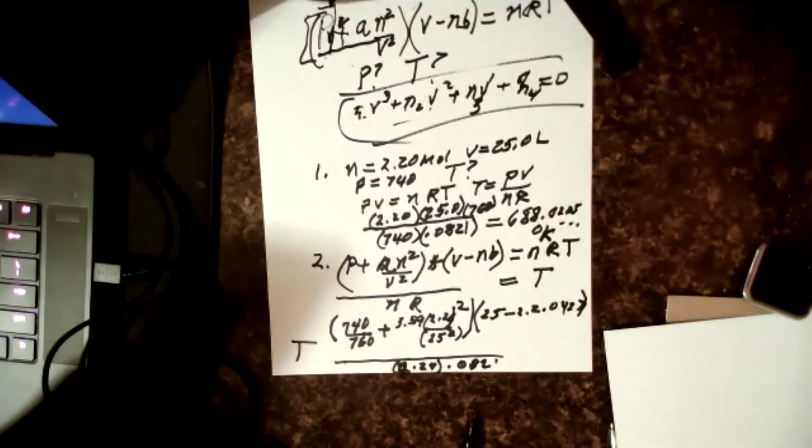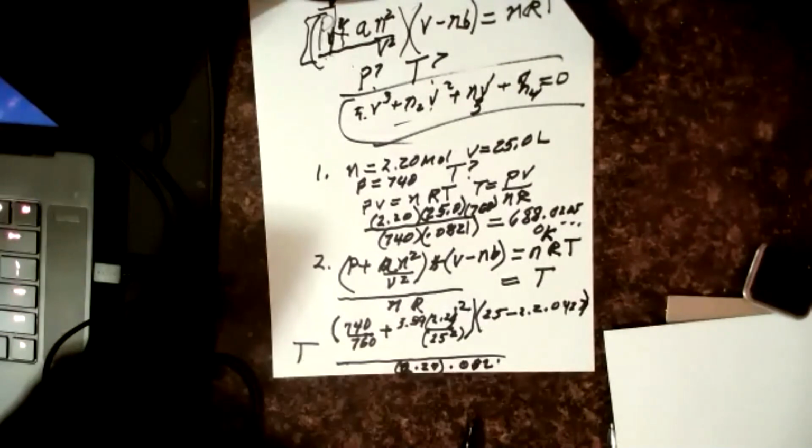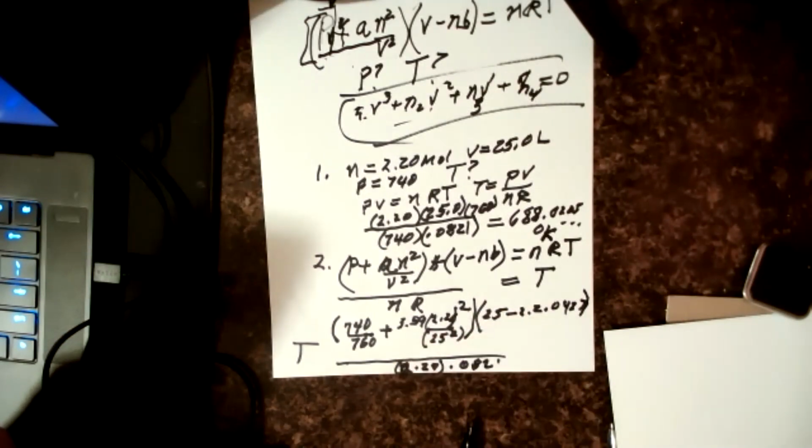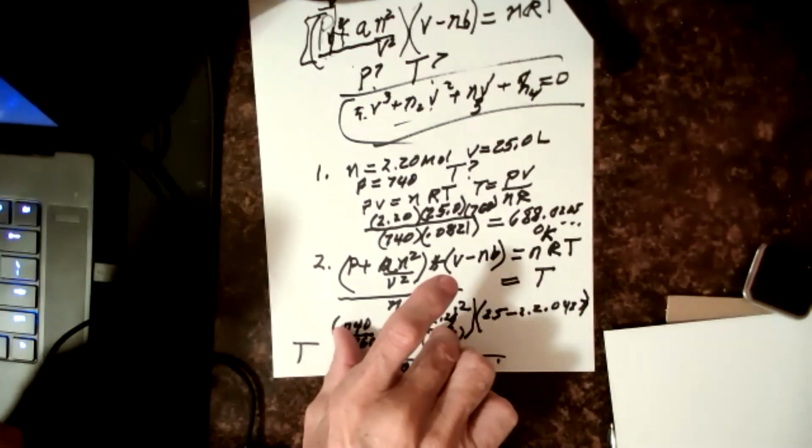Let me back it up. I said I'm going to do exactly what I say. Parenthesis, 740 divided by 760 plus A is 3.59 times answer, second answer, squared, that's 2.2 squared, divided by 25 squared, close my parenthesis. Now I've got that term in the calculator.